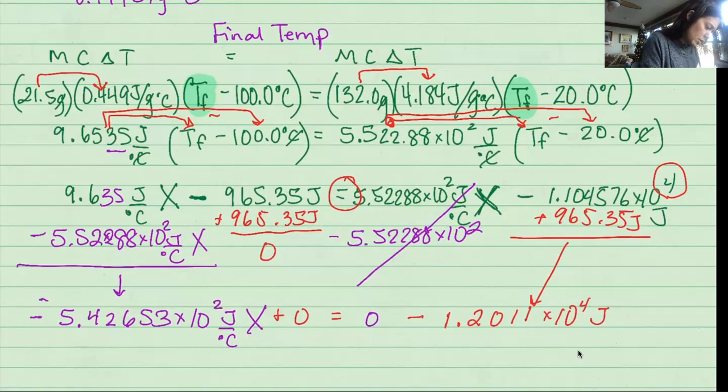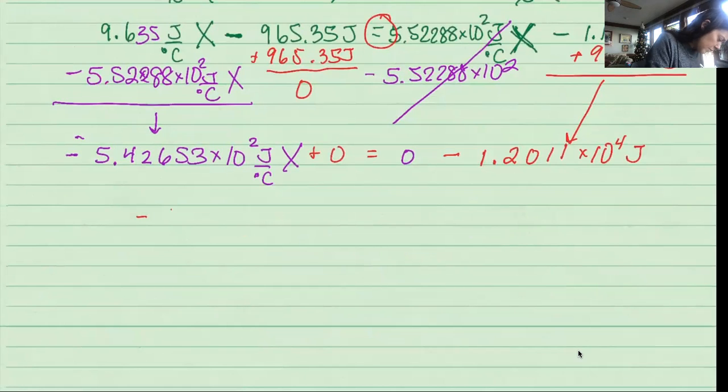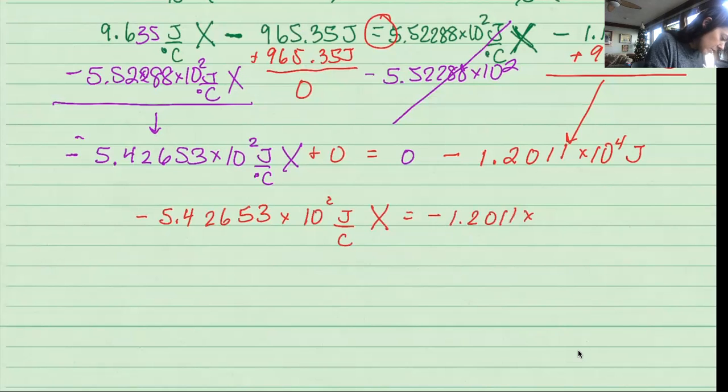Okay, so essentially here, doing this the hard way, showing all the steps. Oh, there's my X, I just lost my X. X, remember that's my TF, equals negative 1.2011 times 10 to the 4th joules.